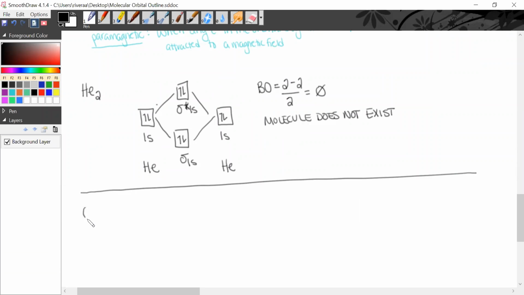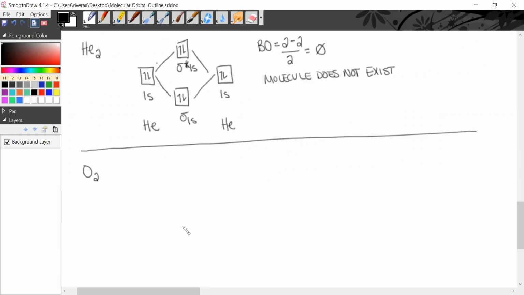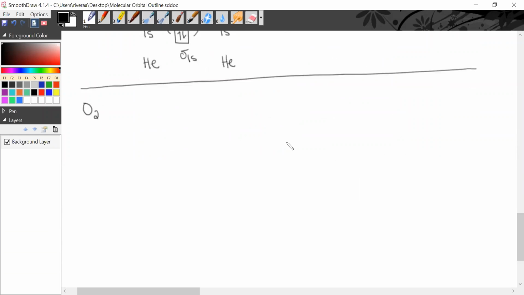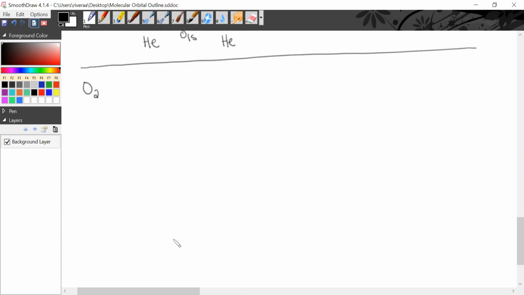Okay, so let's look at, for example, O2. I'm not even going to worry about the 1s for oxygen because we only bond with valence electrons, right? So I'm going to actually start down here. I'm going to start low energy first. So my 2s for oxygen is lower energy. So here's one oxygen.